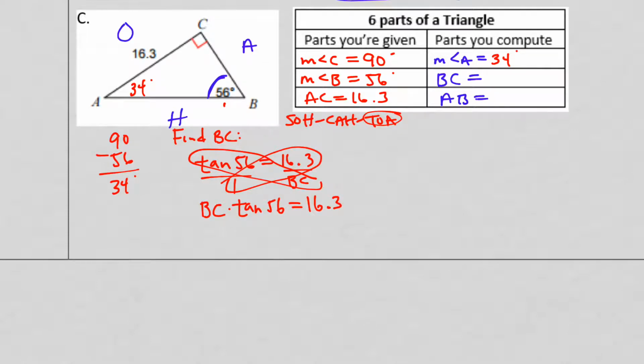In these questions, please don't get lost by the messiness of it. Just think about what's happening step by step. To solve for this missing side BC, I can divide by tangent of 56 on both sides.